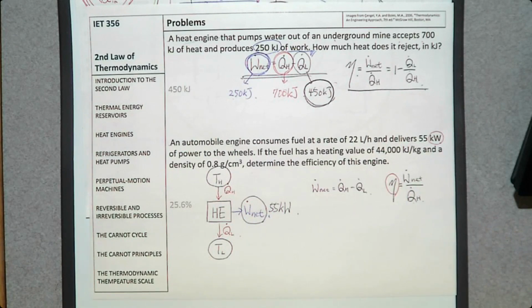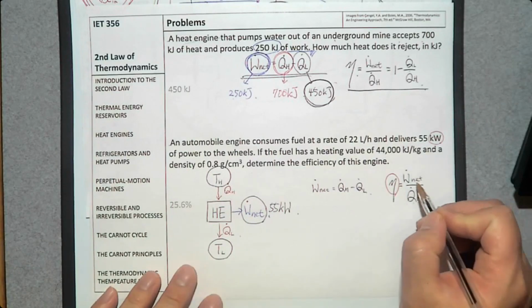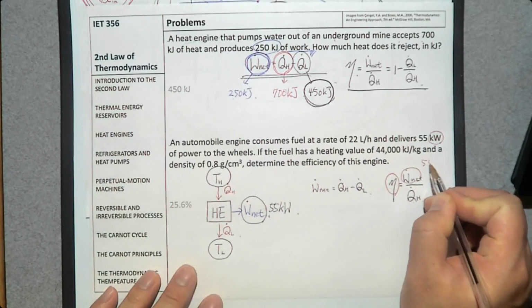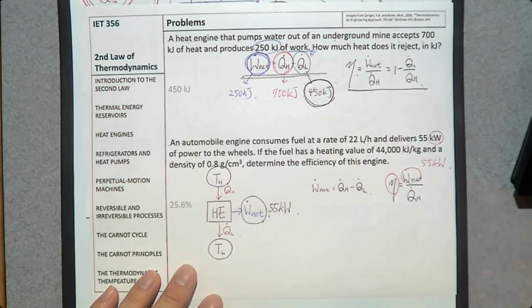We already know the net power is 55 kilowatt. So if you can determine the rate of heat transfer from the burning of fossil fuel, you can determine Q dot H. Pretty simple.